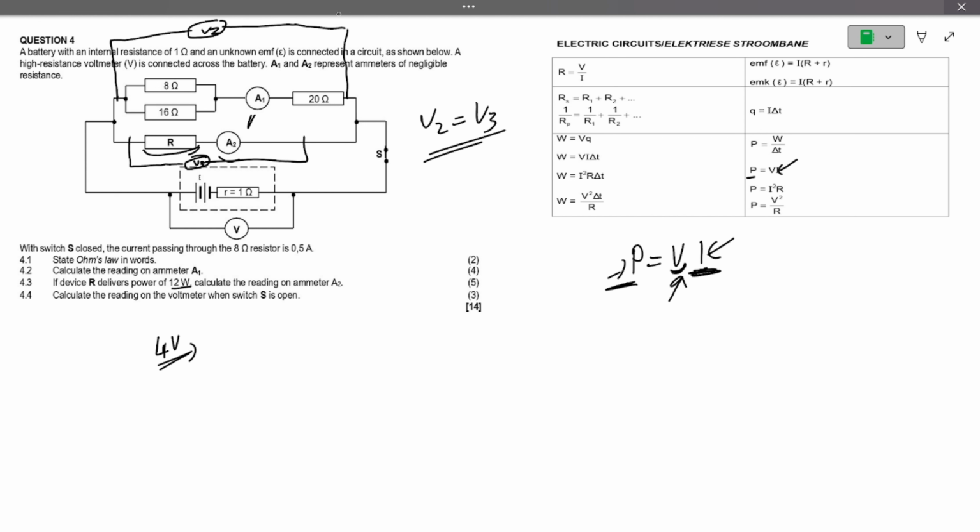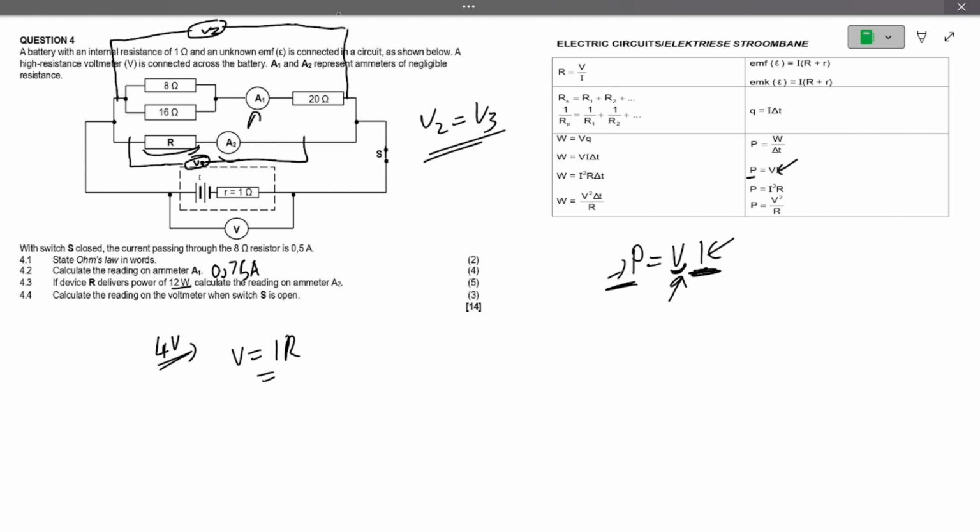So do we know the reading of A1? A1, we calculated it. It was 0.75 amperes. Now we can get the reading here. So V equals IR, and the current here, because this one is connected in series, is going to get all this current in A1. So the current in A1 passes through here before it's divided.